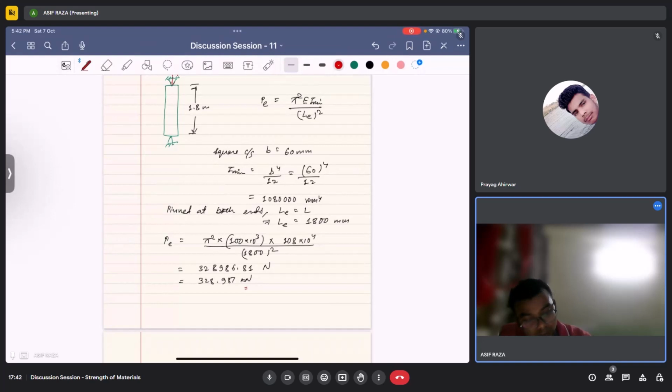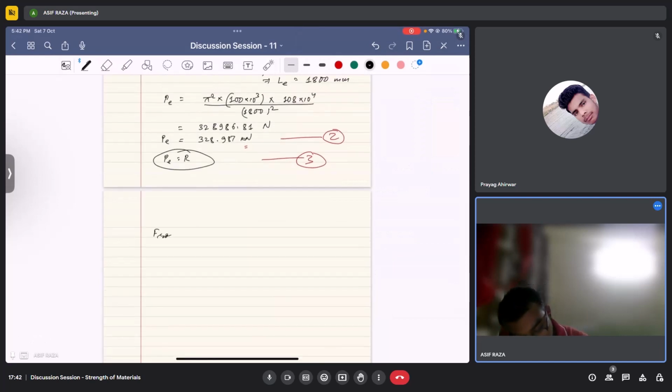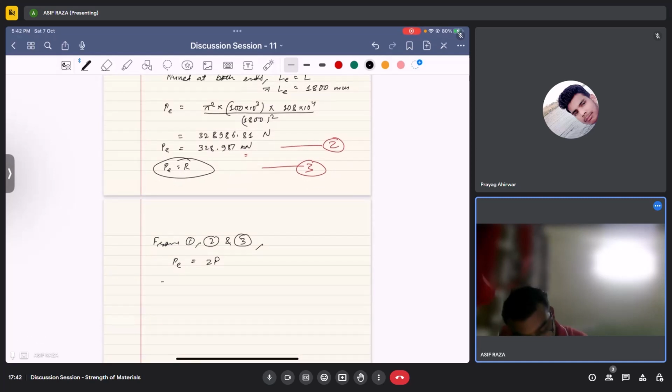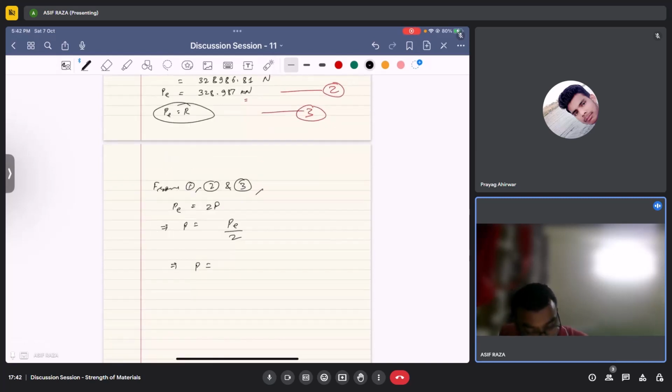Now this PE equals R. We can write from 1, 2 and 3 that PE would be equal to 2P, that is P would be PE by 2, that is 328.987 by 2 kilonewton.